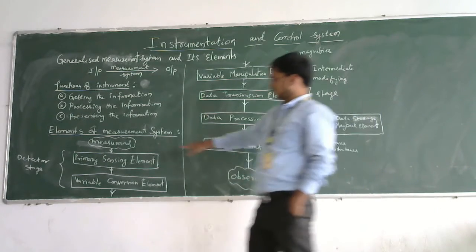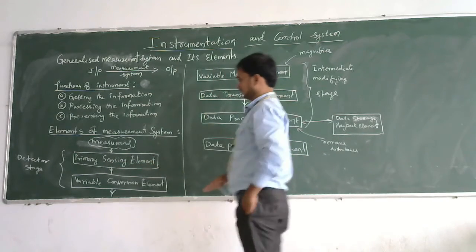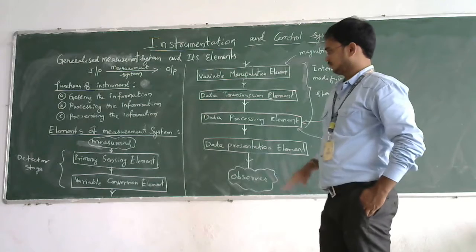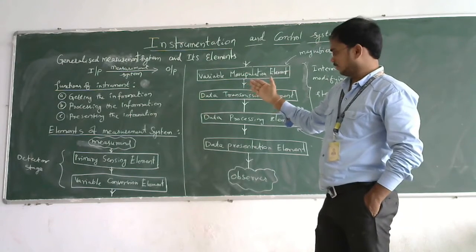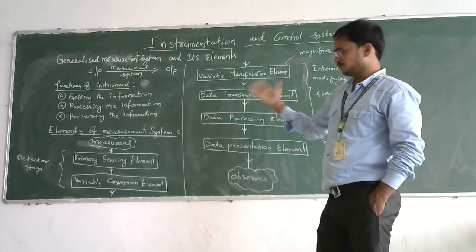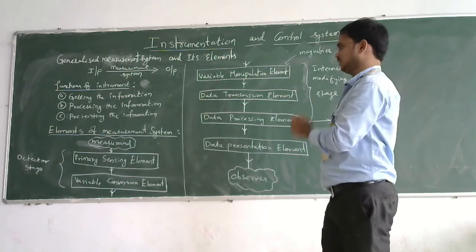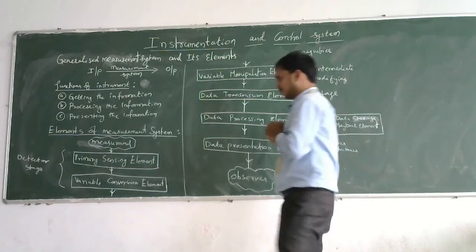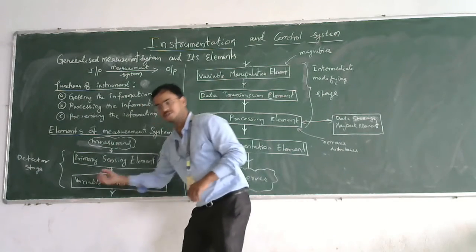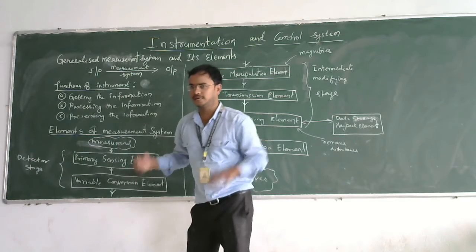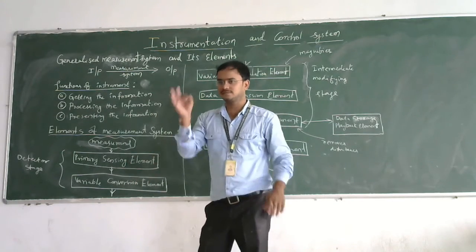Now, what is happening in the primary sensing element? From the measurement, the sensing element will absorb the input signal. It is taking some amount of energy from the measurement. That's why an instrument can never produce an exact result experimentally.